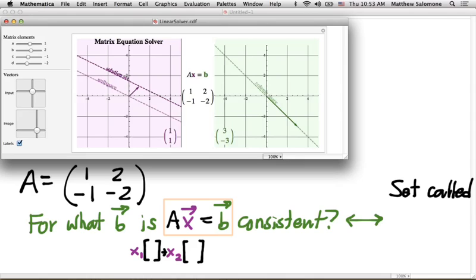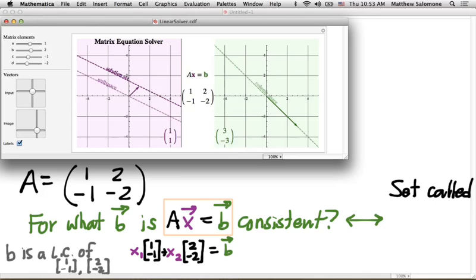So in this example, x1 times the column vector (1, -1), plus x2 times the column vector (2, -2), is then equal to b. And so we can say that b is a linear combination, LC, of the columns of A, (1, -1) and (2, -2).